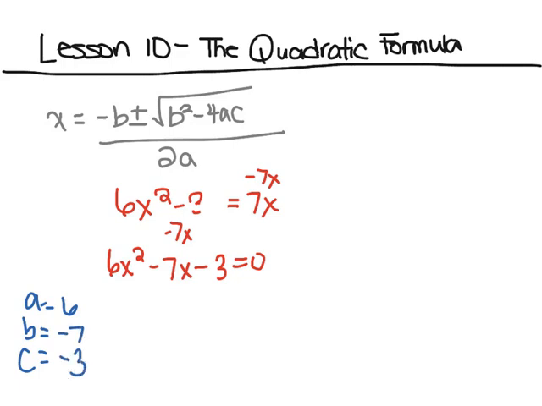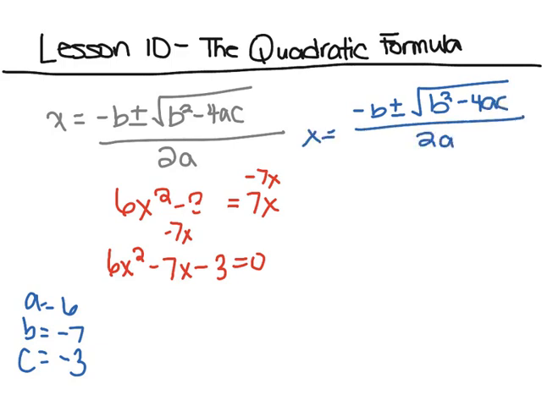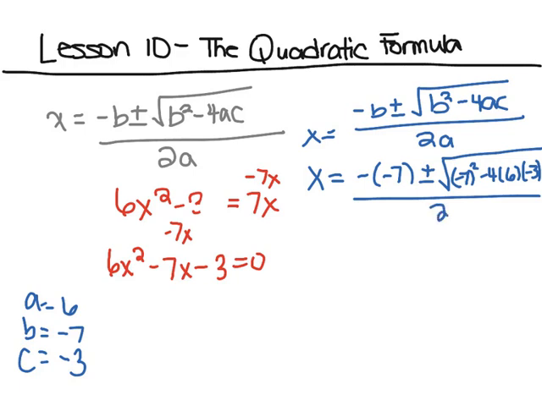Now we're going to plug it into the quadratic formula. So negative b plus or minus the square root of b squared minus 4ac all over 2a. So x equals negative 7 plus or minus the square root of negative 7 squared minus 4 times 6 times negative 3 all over 2 times 6.